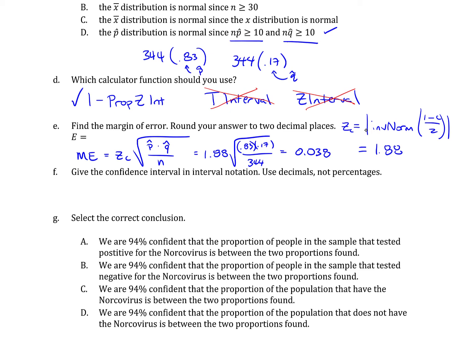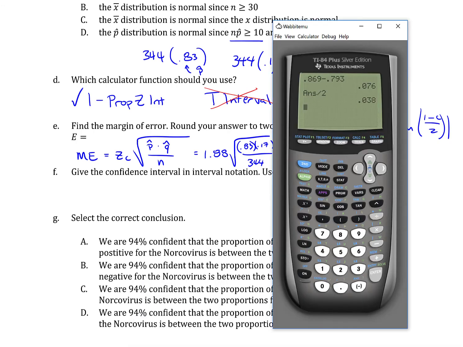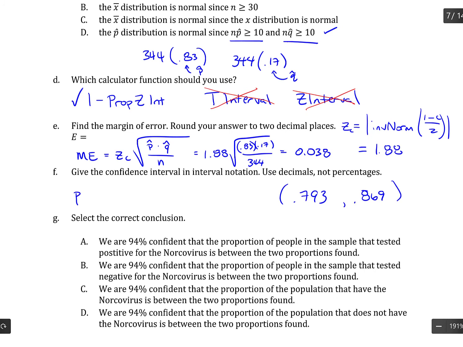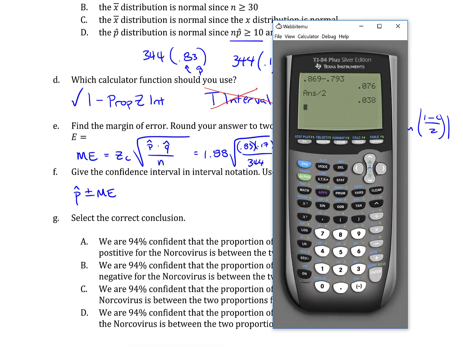All right, the confidence interval, you can get the calculator to come up with a confidence interval for you. That's perfectly fine. What we had were the endpoints 0.793 and 0.869. Or if you already have the margin of error, then the confidence interval comes from taking your point estimate plus or minus that margin of error. So the point estimate here was 0.83.